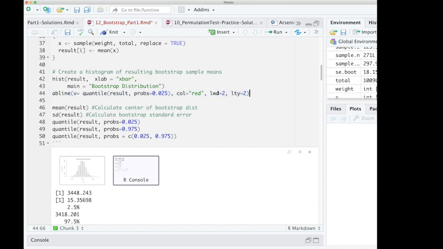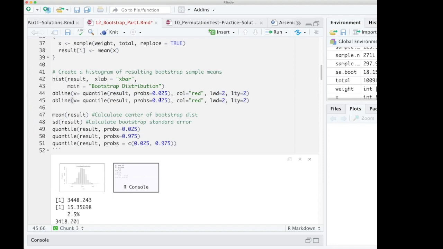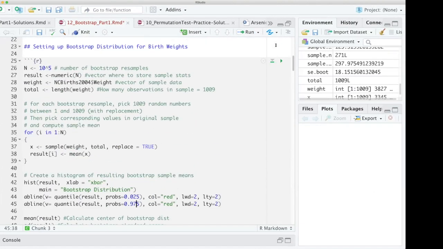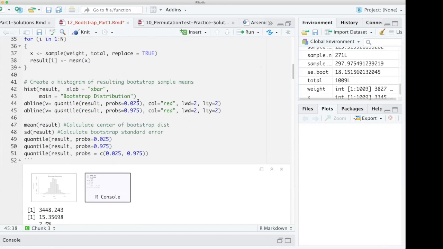And let me add the next one over here. Let me make this one blue.